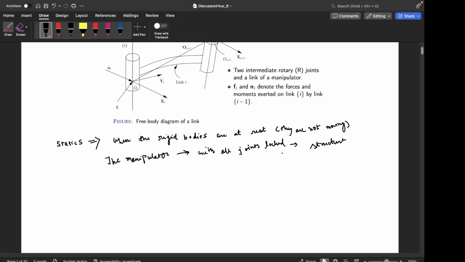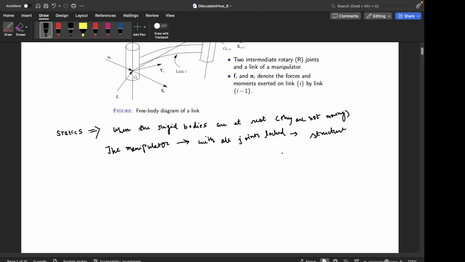A serial manipulator is a mechanism, and when we lock all the joints and don't allow any motion at those joints, then that mechanism becomes a structure, and the structure has whatever n members, each member being the link of the serial manipulator.